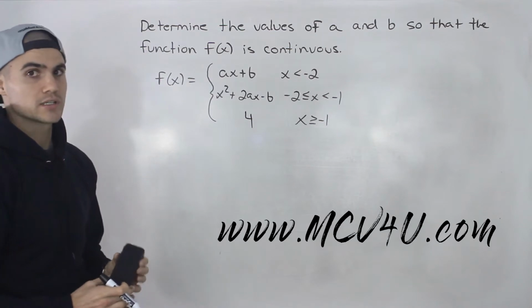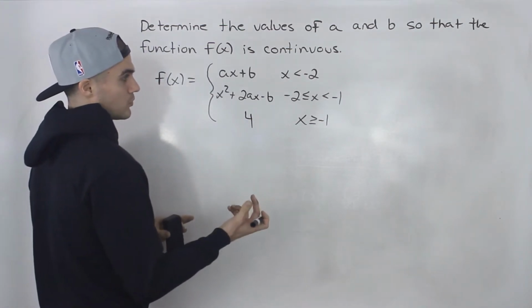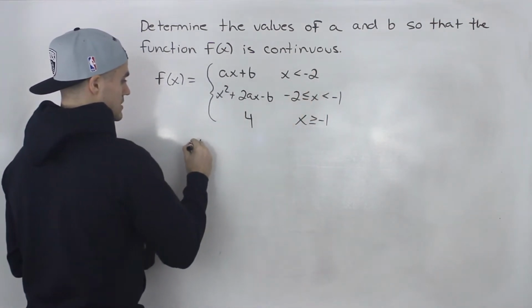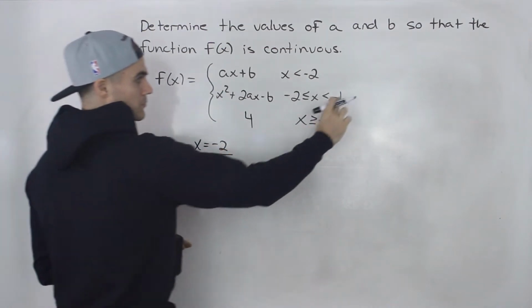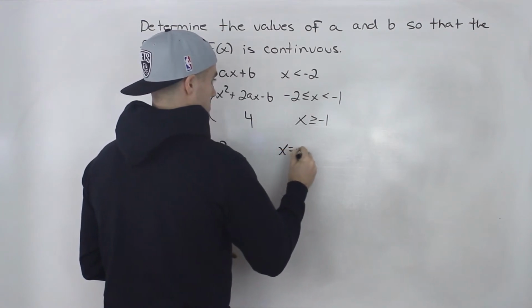So when I get a question like this, I always first like to write out what are my meeting points. So notice how one of the meeting points is x is -2. And then the other meeting point is when x is -1.